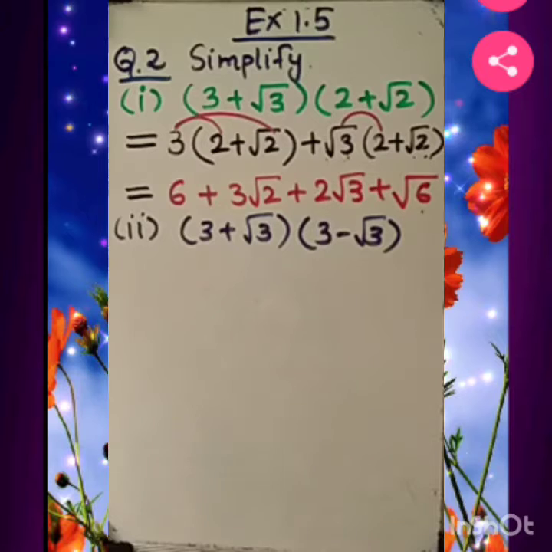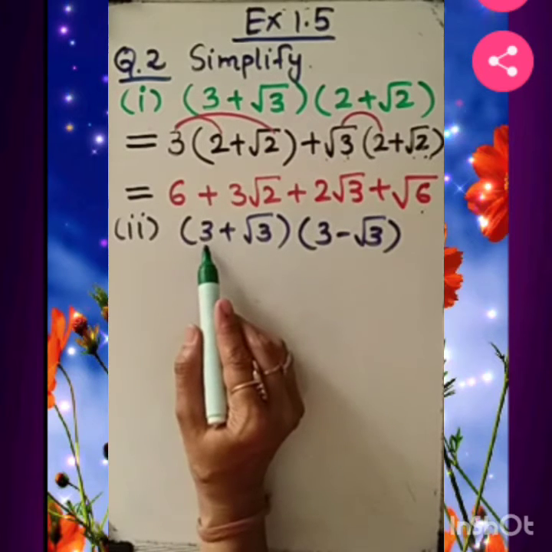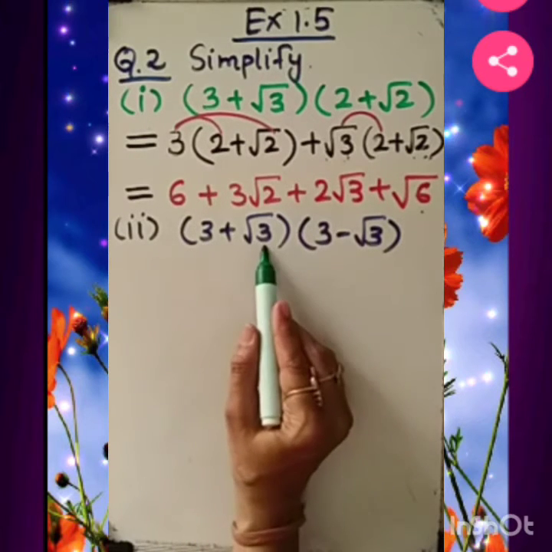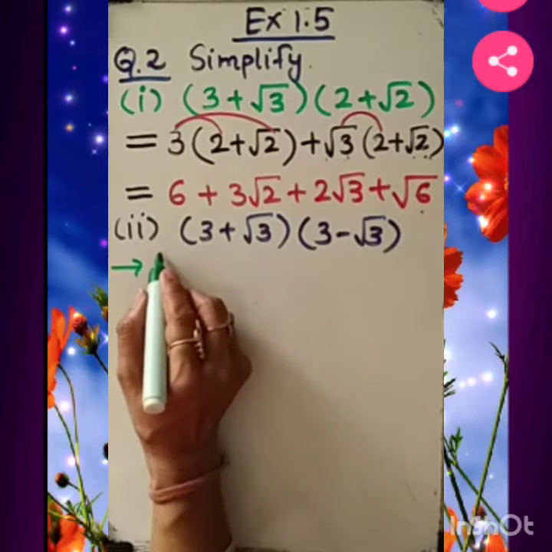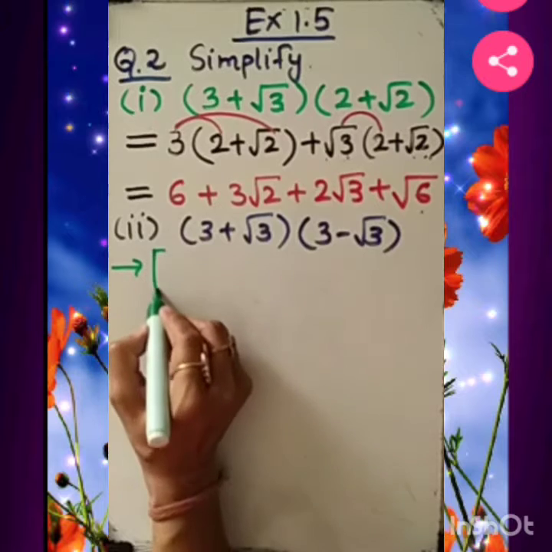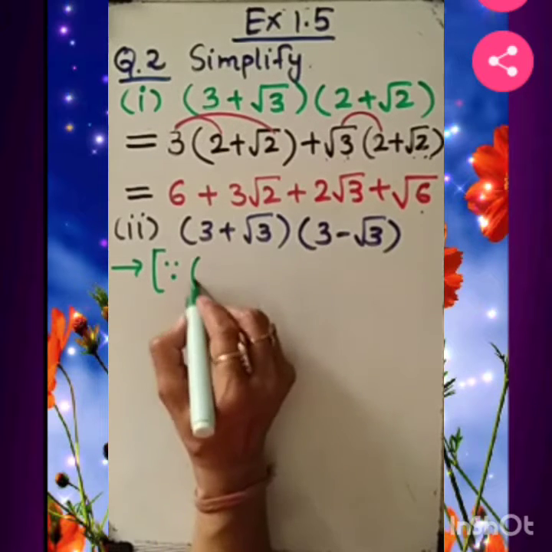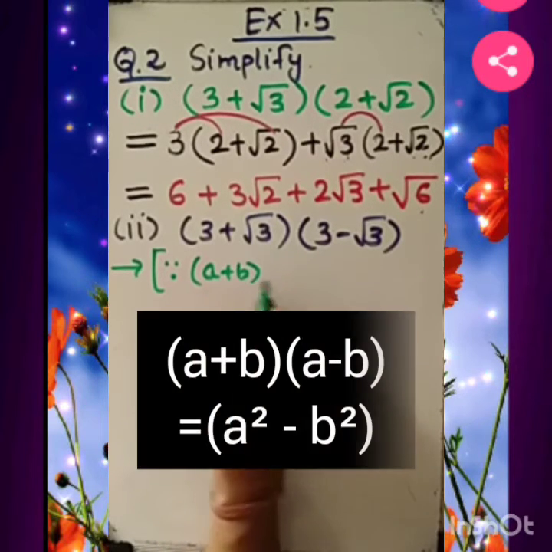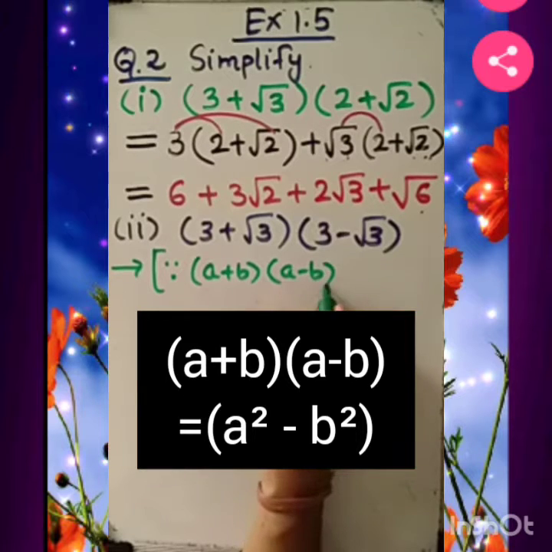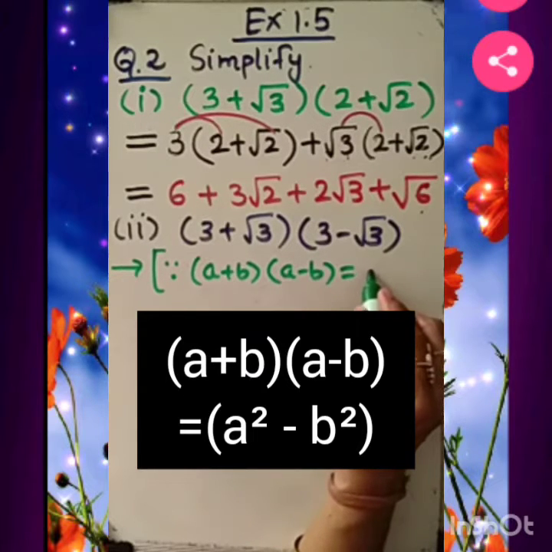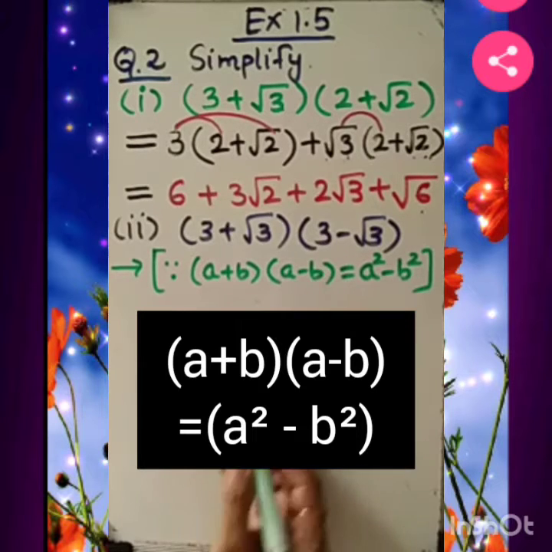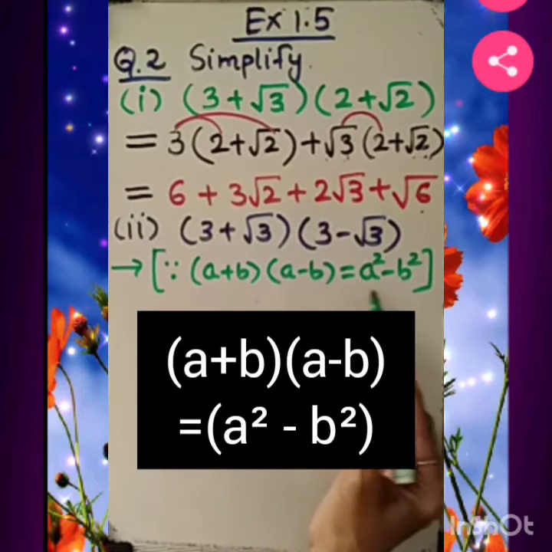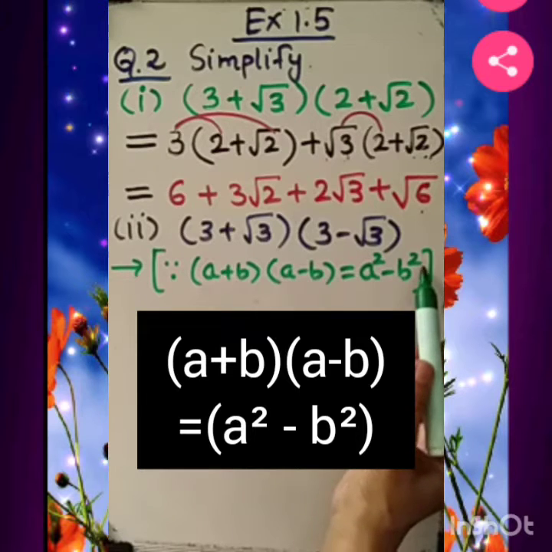If I compare this with A and this is B, then of course I have one identity that resembles this. You see, A plus B, A minus B equals, I taught you, it is the third identity. A plus B, A minus B is A square minus B square.